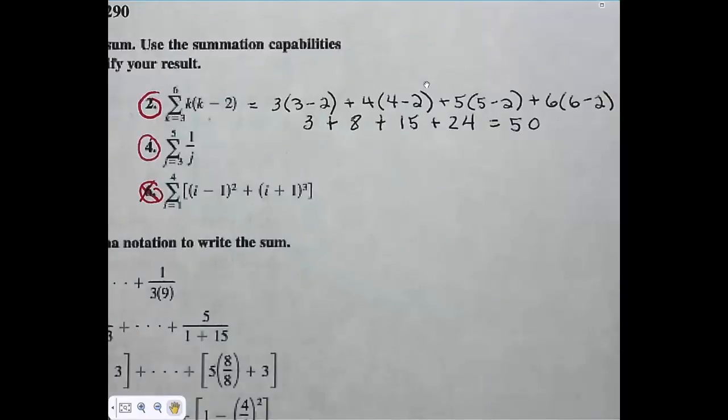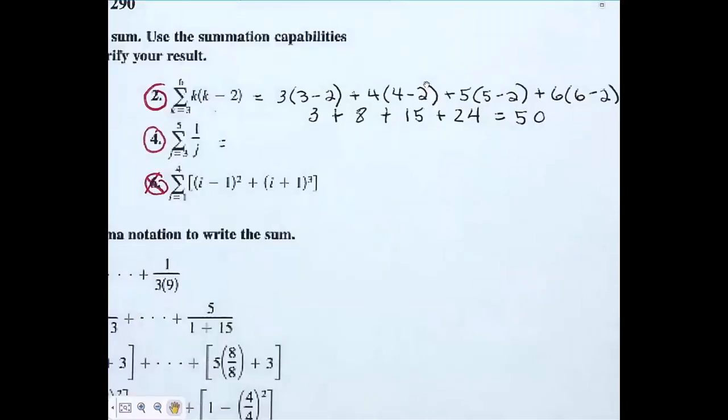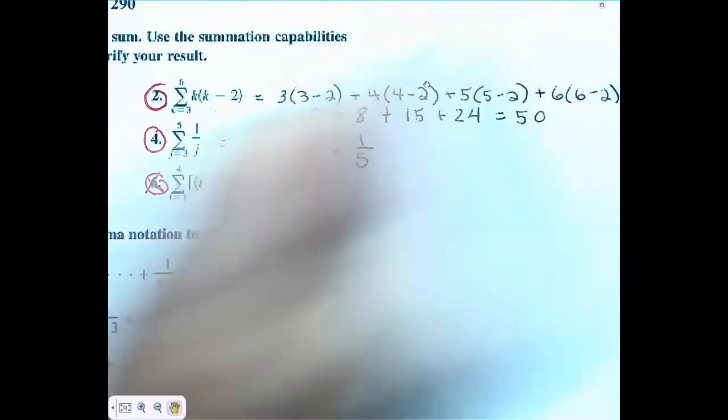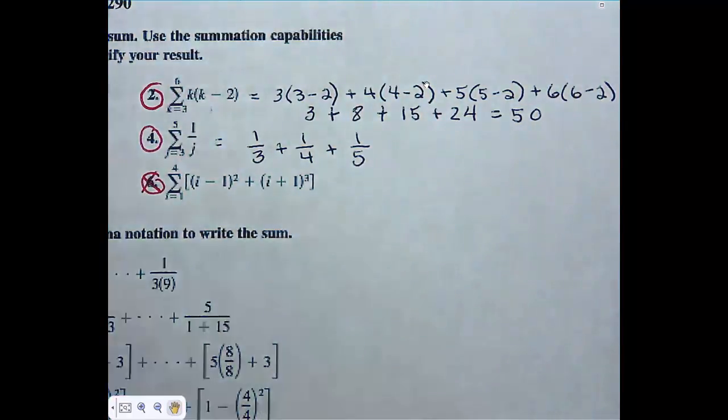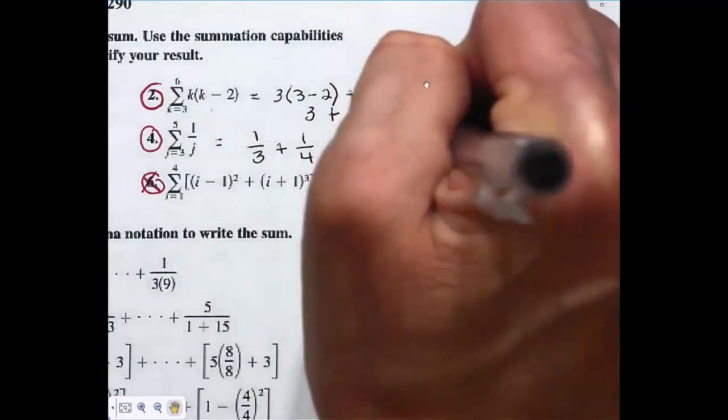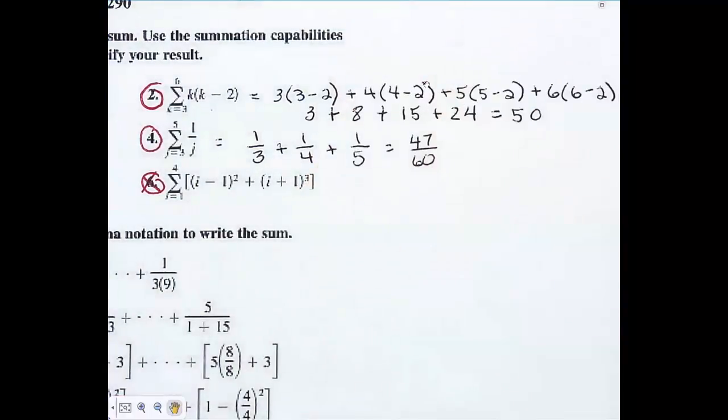When j equals 3, what fraction do you have? 1/3. And when j equals 4, you have 1/4. And when j equals 5, you have 1/5. Get a common denominator, add those all up, get 47/60.